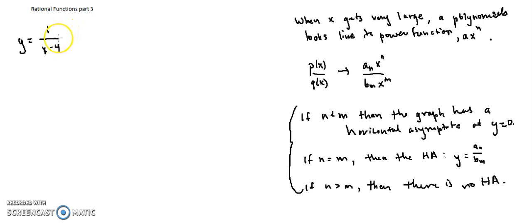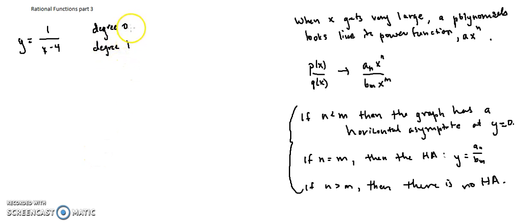So any constant number goes with x to the 0, so any constant number is going to have degree 0. It seems a little strange, but the top is degree 0. Okay, the bottom, the largest exponent that we have is a 1, and so this is degree 1.